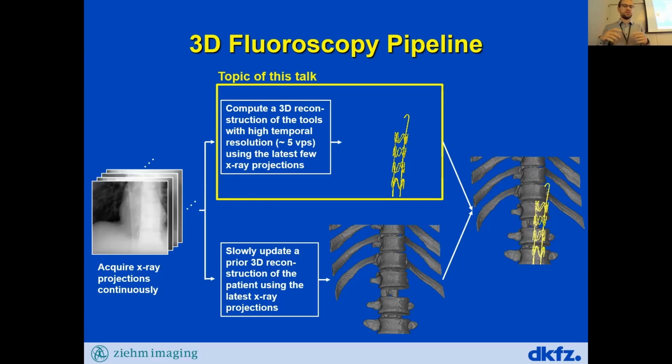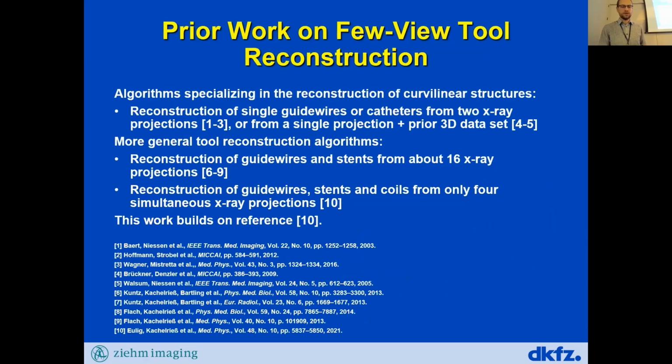So the topic of this talk will only be this upper part of the pipeline, the reconstruction of tools from few X-ray projections. There's prior work on this reconstruction of tools from few X-ray projections. On the one hand, there are algorithms specializing in the reconstruction of curvilinear structures, like catheters and stents. Here we are more interested in more general tool reconstruction algorithms that can reconstruct other tools as well, like stents, for example.